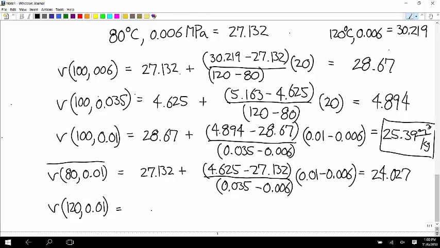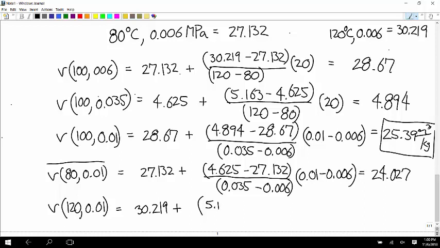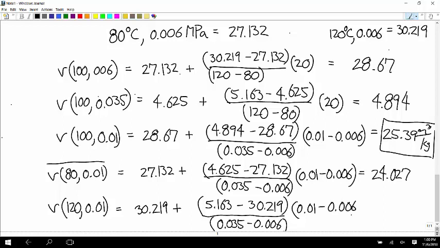So 30.219 plus the quantity 5.163 minus 30.219 divided by 0.035 minus 0.006 times 0.01 minus 0.006. And can you calculate that? 26.763 meters cubed per kilogram.